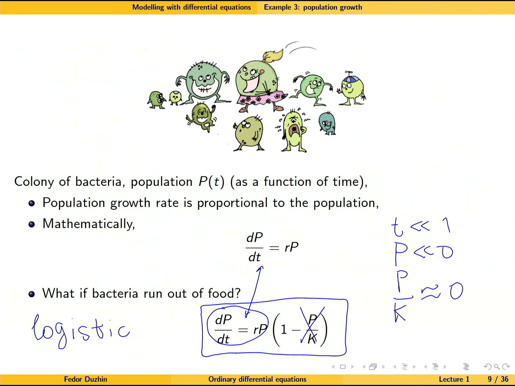But it can only be applied if the current population of bacteria, which is P, is really very small, much smaller than K. So this happens if P is much smaller than K. And so let me write it again.